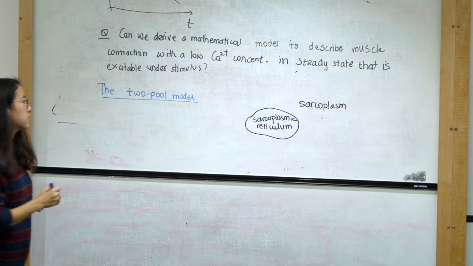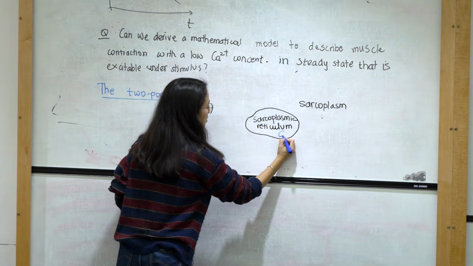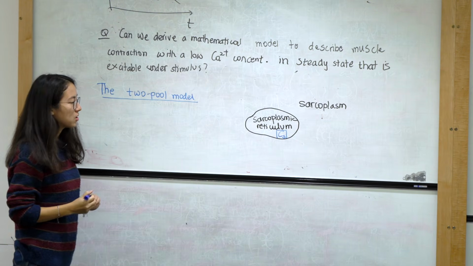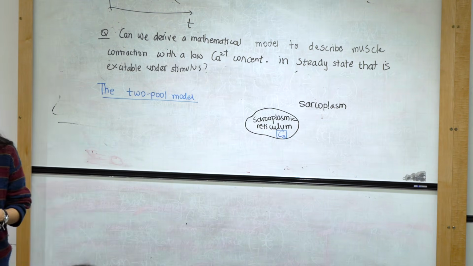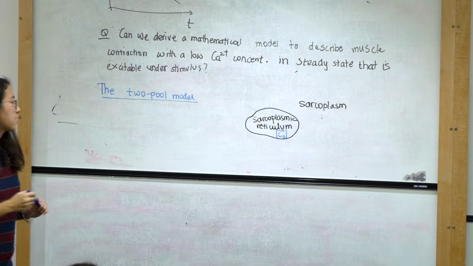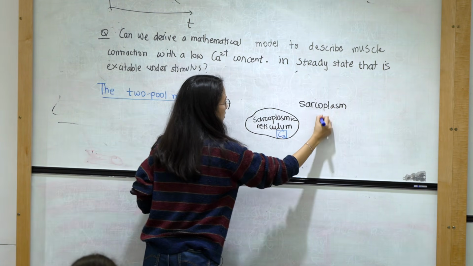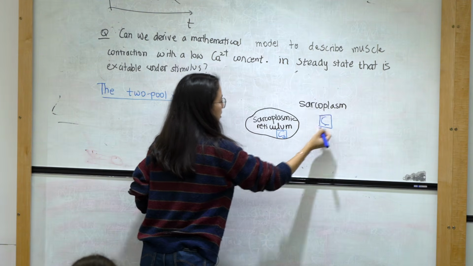And I will be denoting by CS the concentration of the calcium inside the sarcoplasmic reticulum. And I will also say the concentration of the calcium is C, without the subscript.